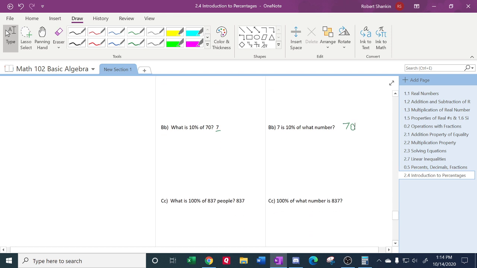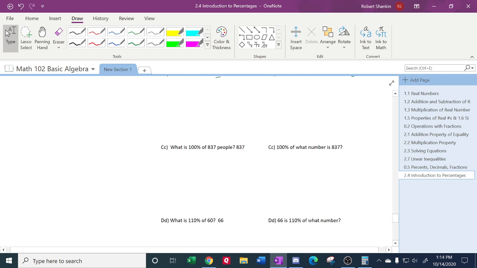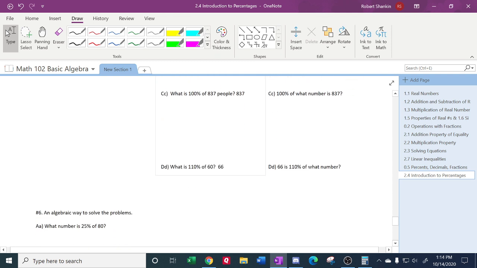What is 100% of 837 people? 100% of what number is this? So it's really asking the same question, just in a little bit different order. What's 110% of 60? Or 66 is 110% of what number? All right, we're going to be dealing with questions like this second one, which seems really tough.